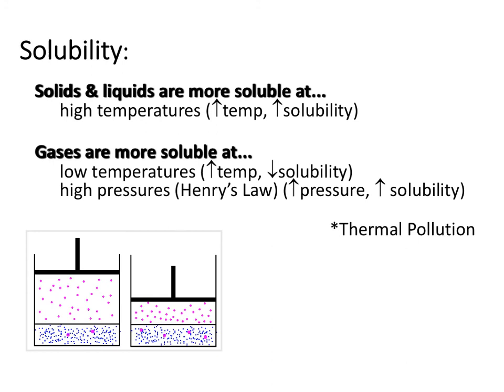And so your solids and liquids are going to consistently be more soluble for the most part at higher temperatures. Now gases follow a very different path. At higher temperatures, they're actually going to be less soluble. We experience this with a soda on the countertop. If you pour out a soda and leave it on the countertop, or you pour your soda out and put it in the fridge, which one is going to be more bubbly when you come back in an hour?